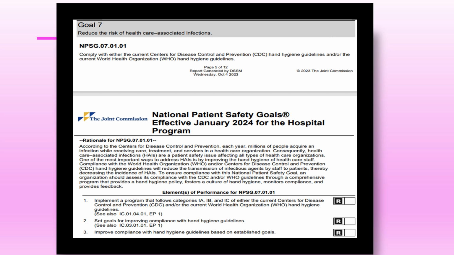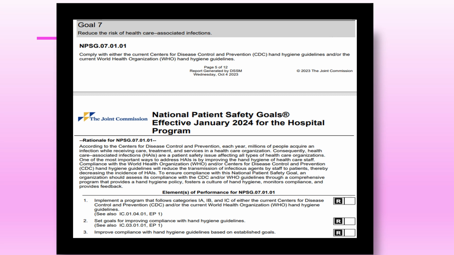One of the most important ways to address HAIs is by improving the hand hygiene of healthcare staff. Compliance with the World Health Organization, WHO, and/or Centers for Disease Control and Prevention, CDC, hand hygiene guidelines will reduce the transmission of infectious agents by staff to patients, thereby decreasing the incidence of HAIs.